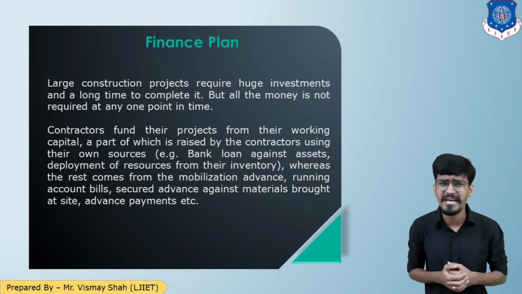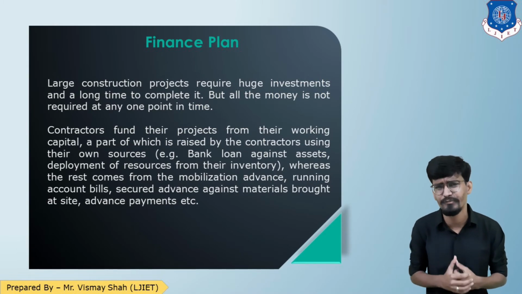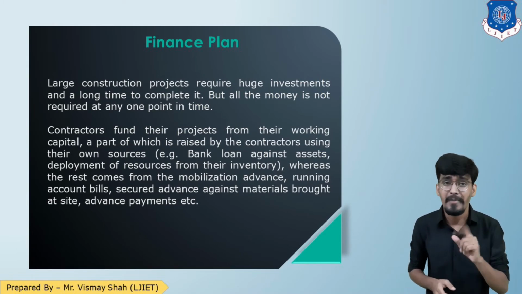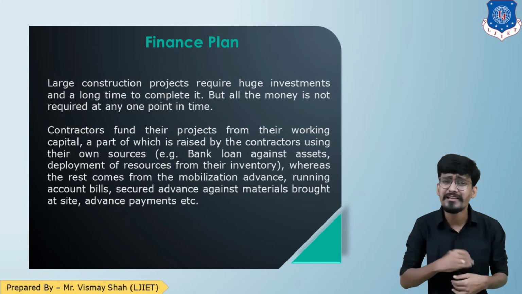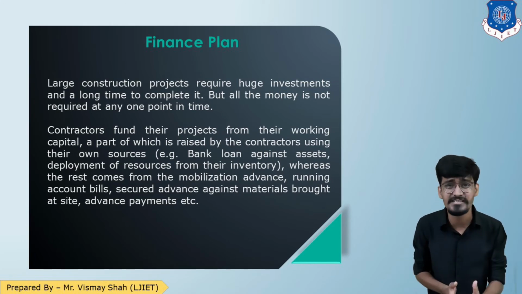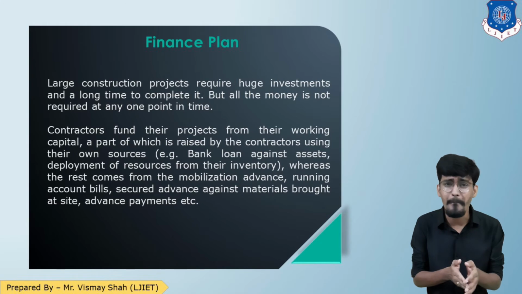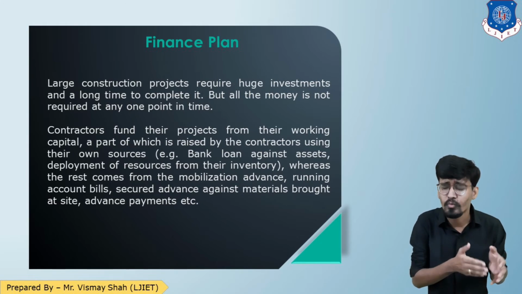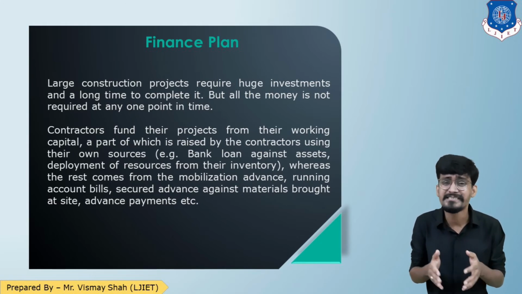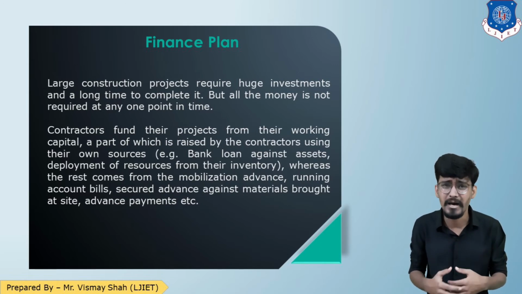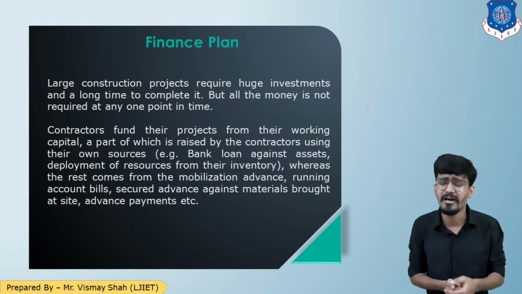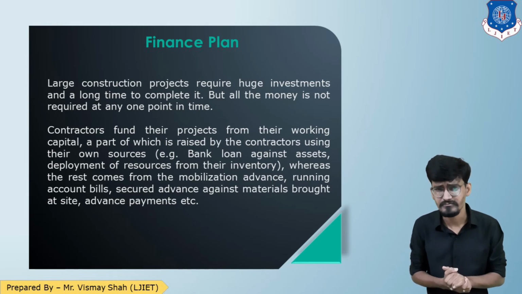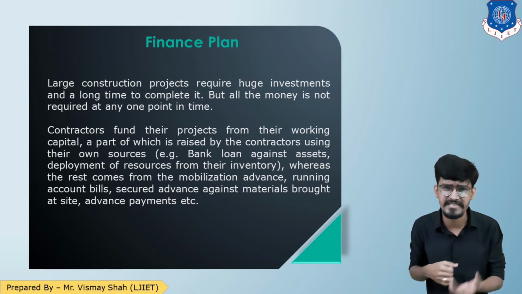Large construction projects require a huge amount of money. But all the money is not required at the initial stage of the project. So the contractor has to plan his finance, that at what stage of the project, what is the exact requirement of finance, or we can say money. Generally, contractors fund their project from different sources, such as some of the money they put in themselves, the capital amount.